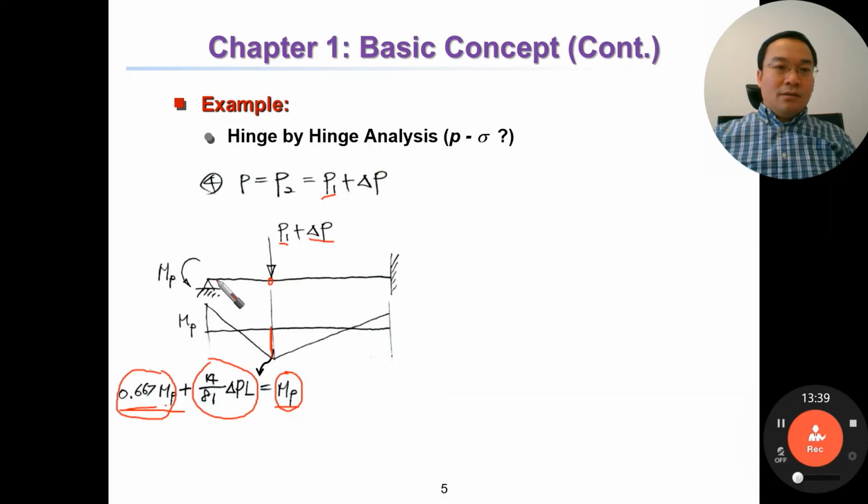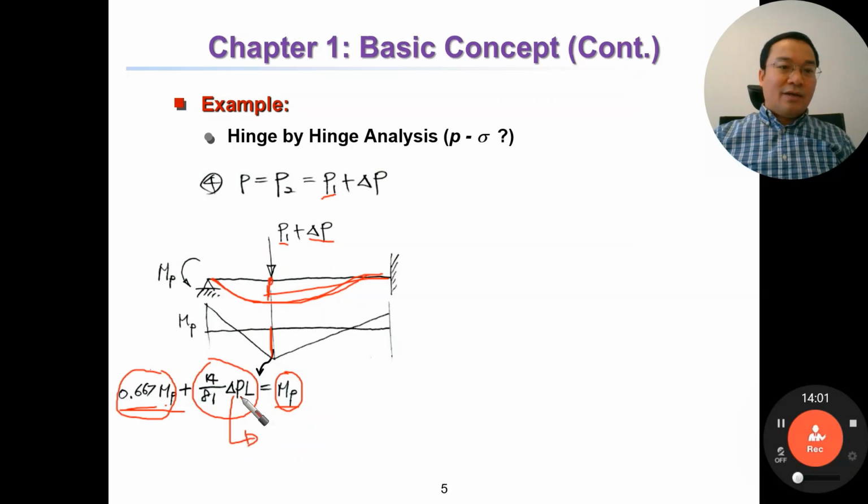And how is the deflection here? Let's think about that. Okay, so from this equation now we have ΔP.